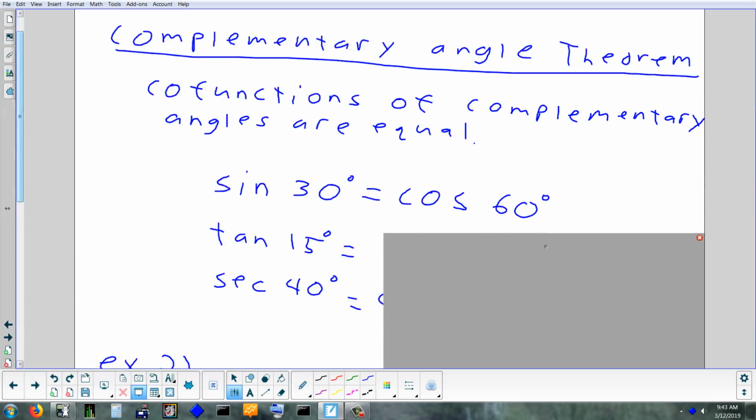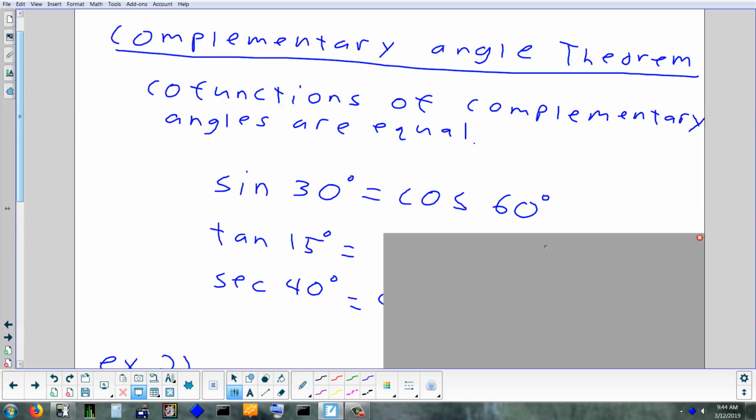Tangent of 15. What's the cofunction for tangent? Cotangent. And what's the complement to 15 degrees?